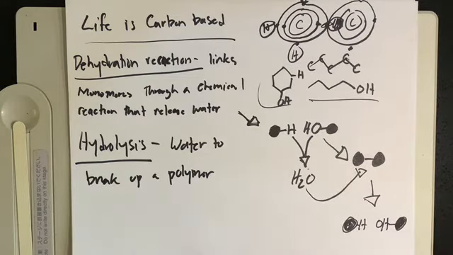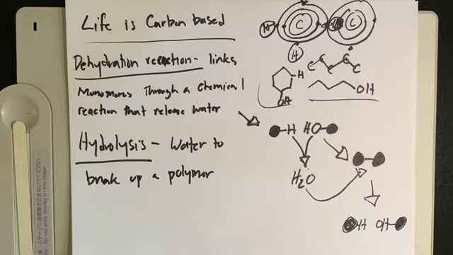And we'll see that we'll use this a lot of the time when we're making larger molecules or we need to break those larger molecules down. So our bodies and life do this all the time, which allows life to be more complex when you need to build more complex things, or be able to take nutrients out of something that is more complex.